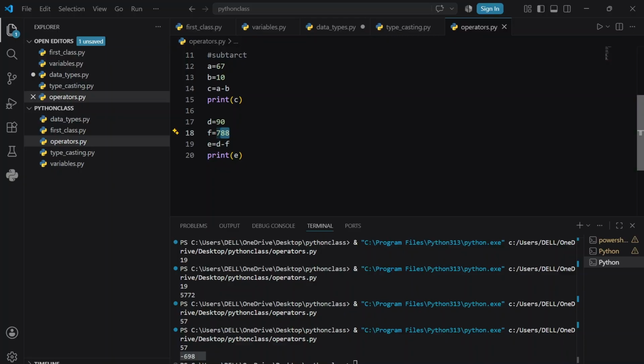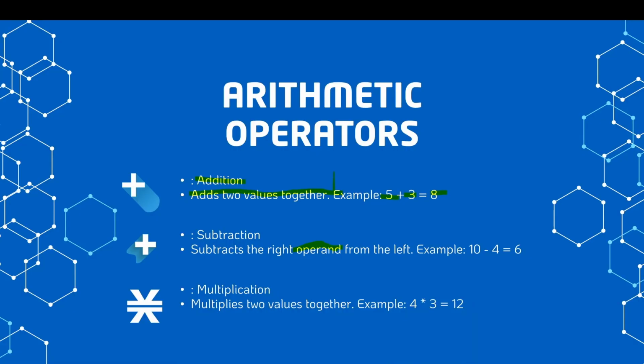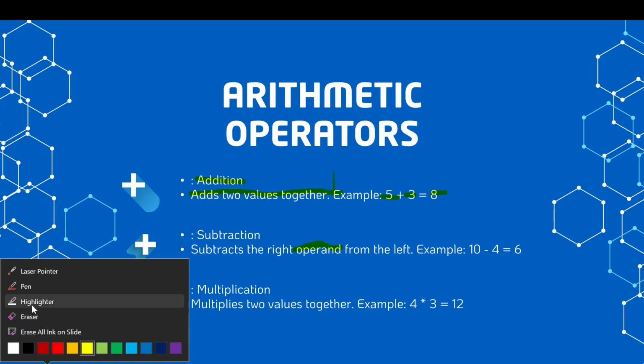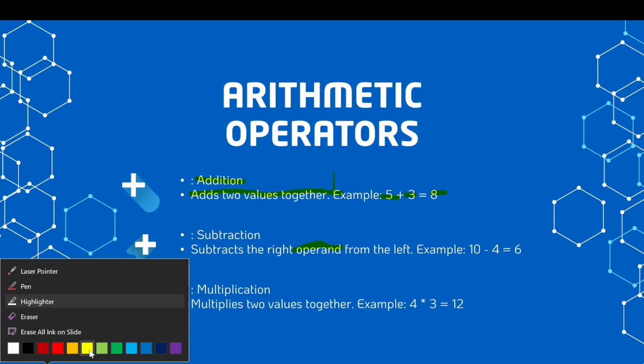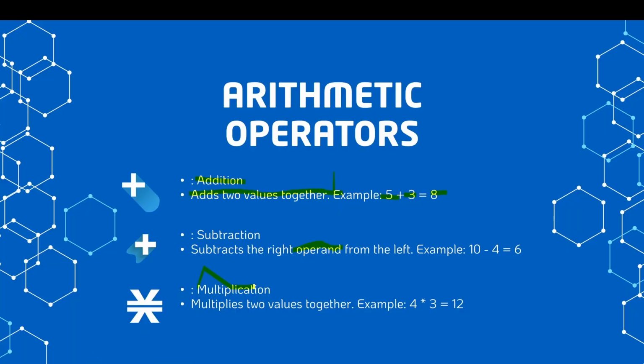Now we are going to move forward to our next operator, which is our multiplication operator. We are going to know many things about the multiplication, as we know very well about the product. Here it is written multiplication.